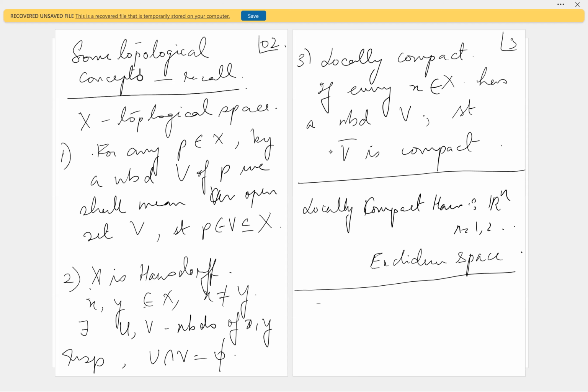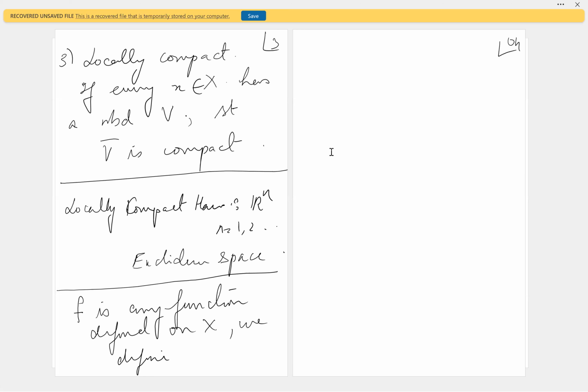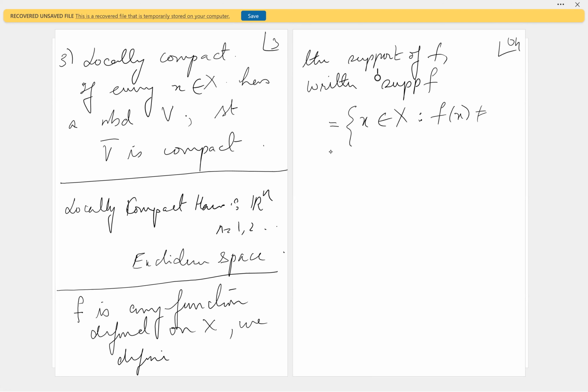So for that, if f is any function defined on X, we define the support of f to be, you take the set of all the elements where f(x) is not 0 and take its closure.